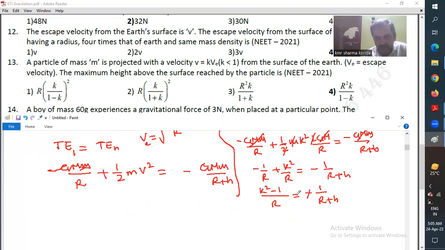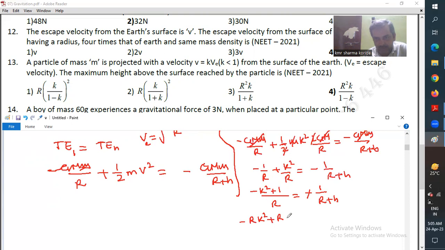Otherwise, we can make this minus cancel, this is plus, this must be minus. Now, this is going to be minus R k square plus R, finish.